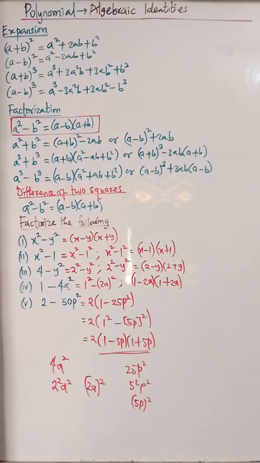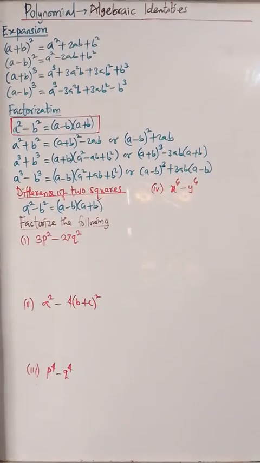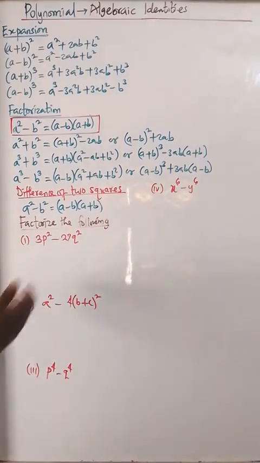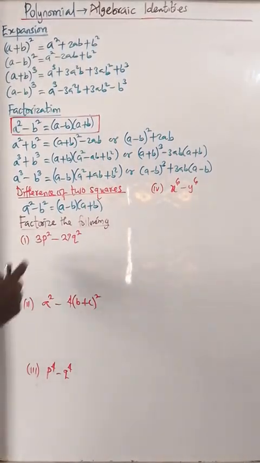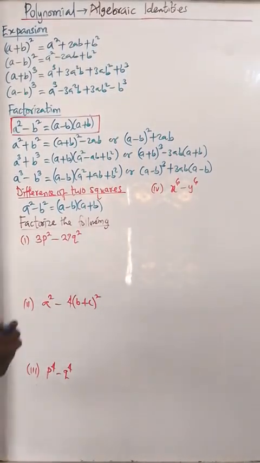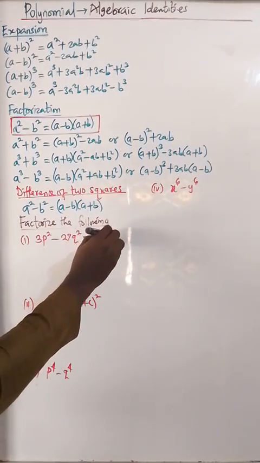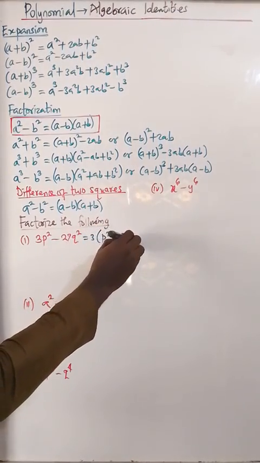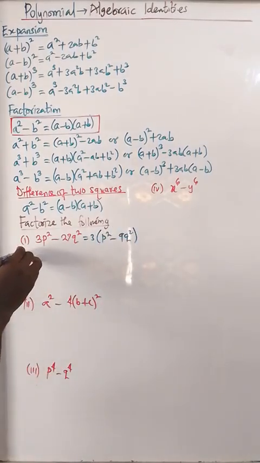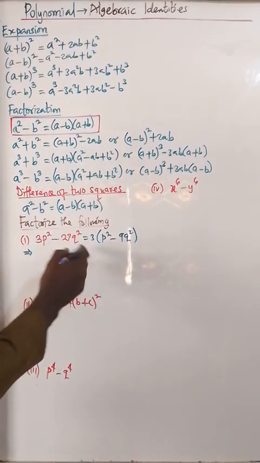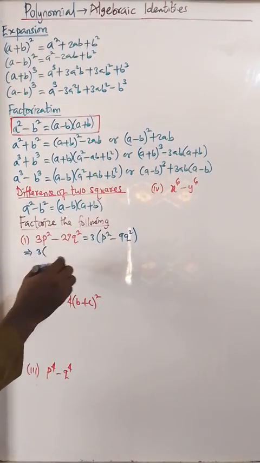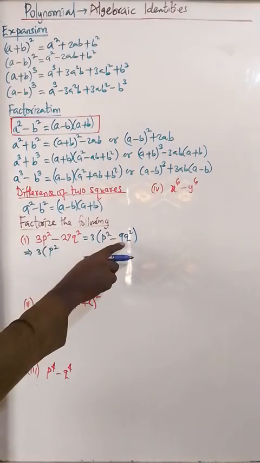So know these 5 simple examples, then let's take more. Okay, let's consider the following question. The first one here. If you notice, 3 and 27 are not perfect squares, but 3 is a common factor. So this can be written as 3 into p squared minus 9q squared. And this implies that from here we have 3 into p squared minus, 9 is 3 squared, right?